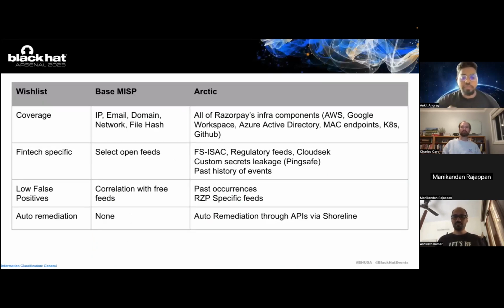Yeah, thank you, Ashwath. So let me first of all go back to the wish list which Ashwath talked about. This is what we had in mind when we started building Arctic.